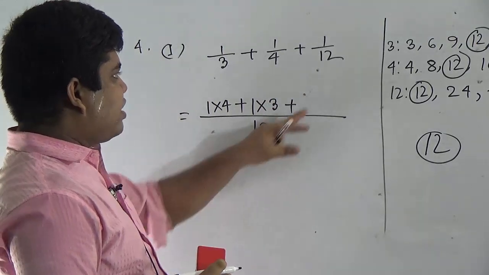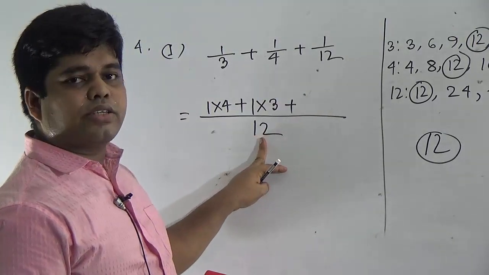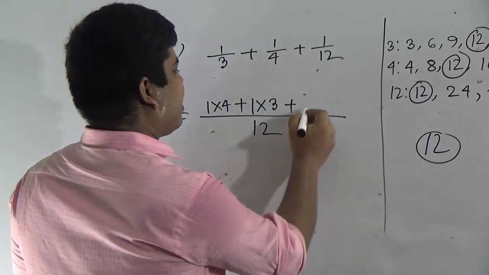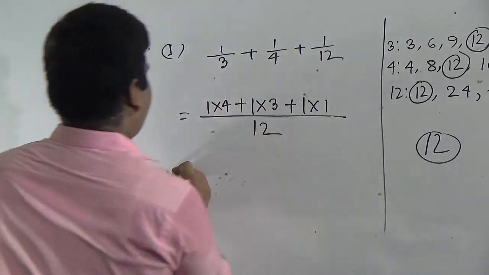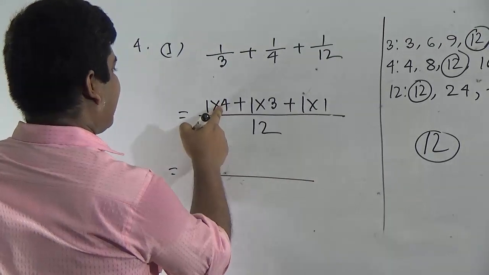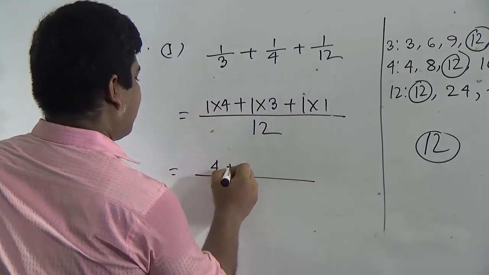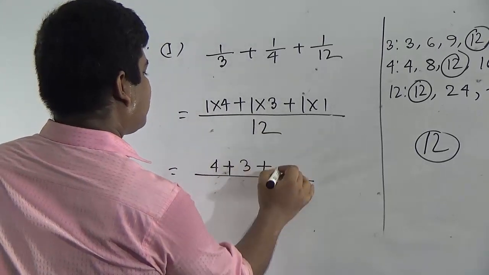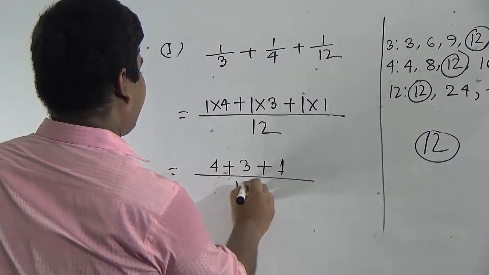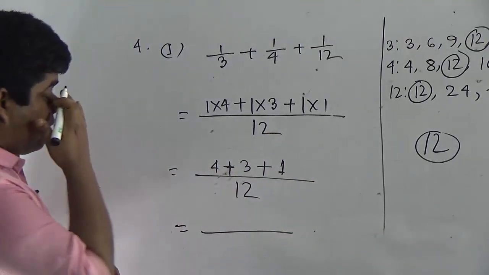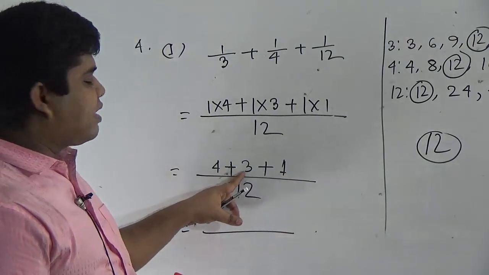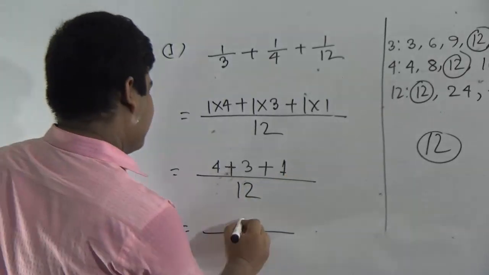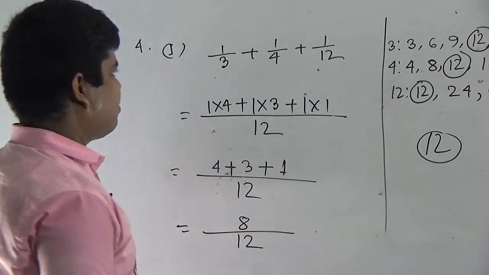Plus we divide 12 by 12 and we get 1. This 1 is multiplied with this 1 and we get 1 multiplied by 1. Now we have 4 ones are 4 plus 3 ones are 3 plus 1 one is 1, divided by 12. My dear students, now you notice 4 plus 3 is 7, 7 plus 1 is 8. So 8 by 12. Okay.